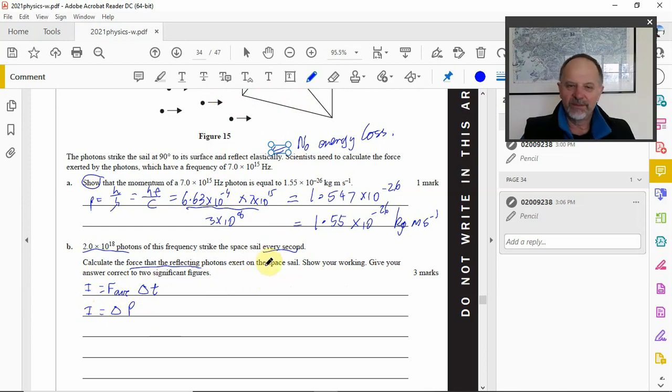So our change in momentum, because they reflect and they go in completely 180 degrees the opposite direction, that means that the change in momentum would be 2 lots of this momentum that we've got up here in part A.